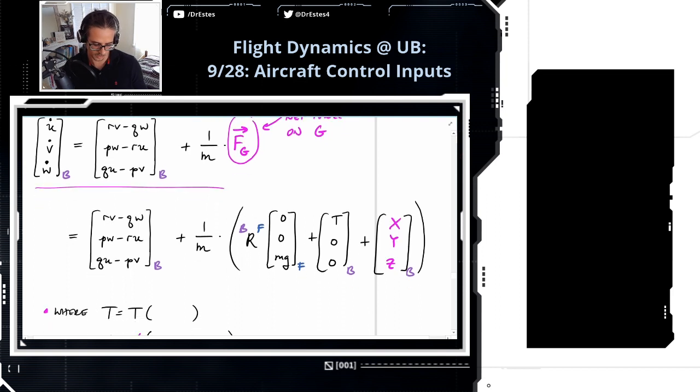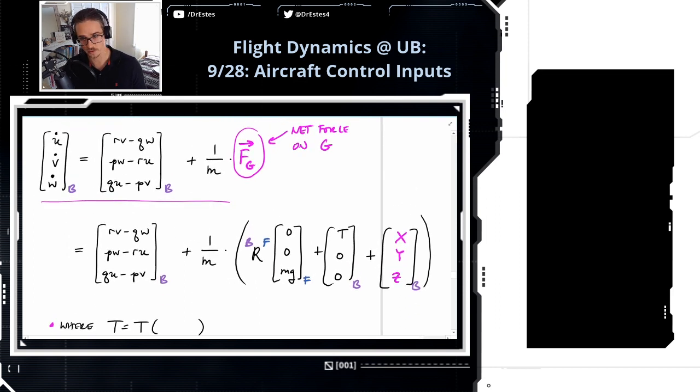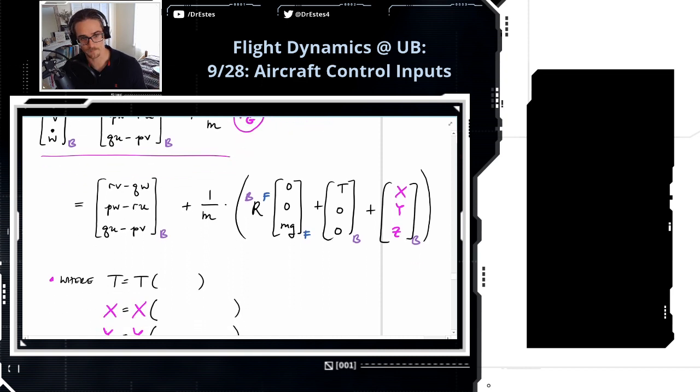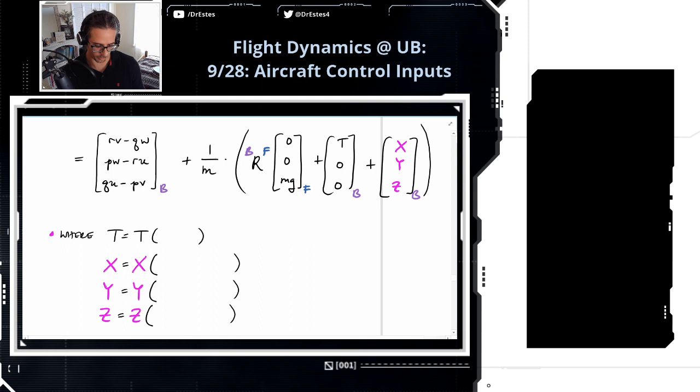All right. So we have our translational equation of motion. This is a totally nonlinear equation at this point. The only thing I want to point out right here is that the thrust, of course, is going to be a function of our throttle. That's one of our inputs. I'm just going to throw a couple inputs in here just to remind you that each of these aerodynamic forces is a function of our control inputs.